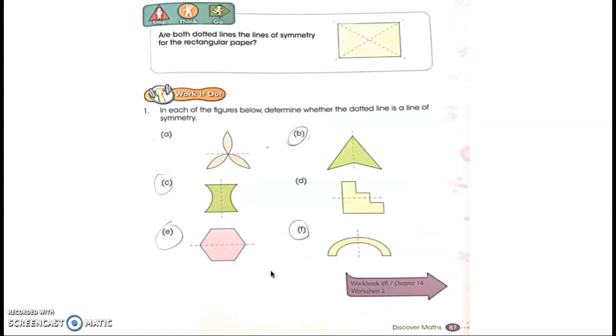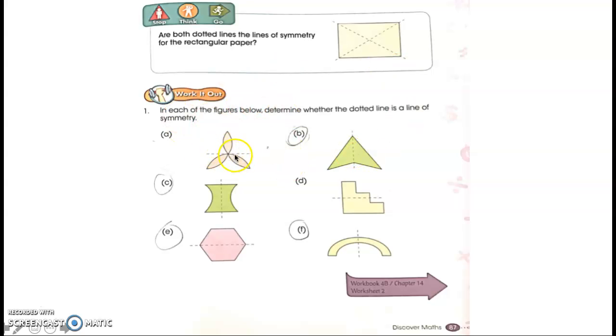Now let's do the workout. In each of the figures below, determine whether the dotted line is a line of symmetry.